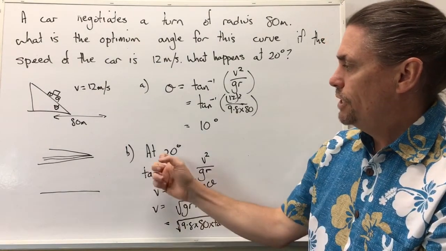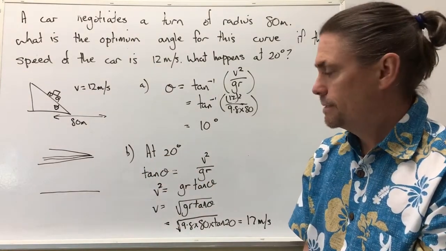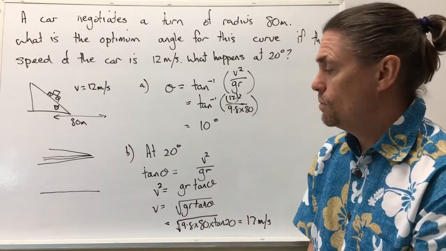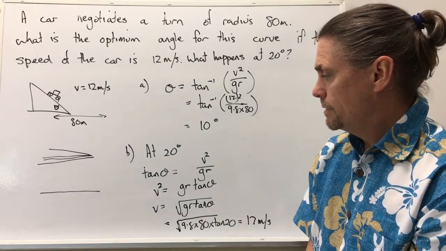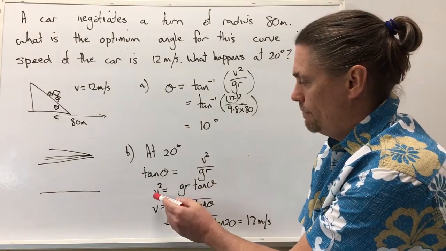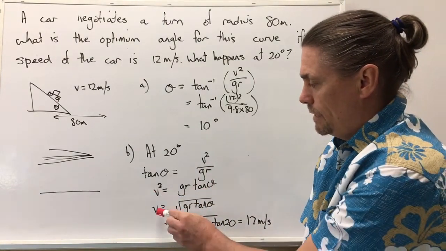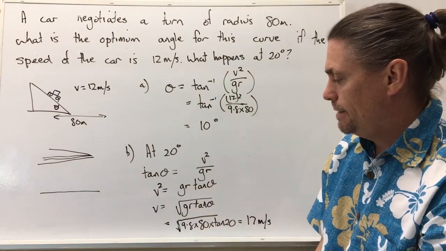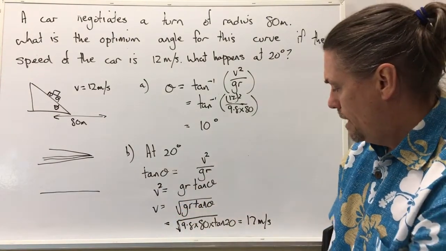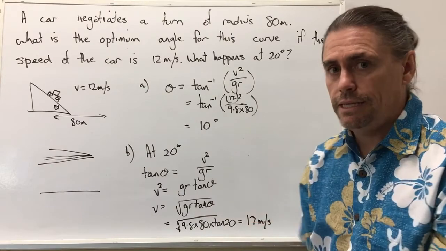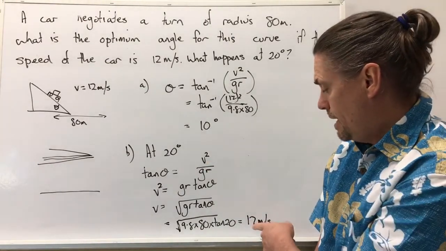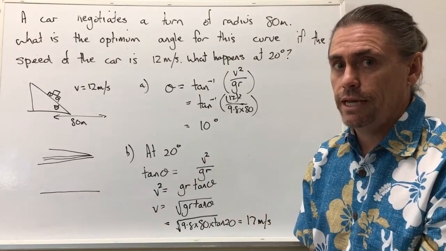Now, what happens if we change this angle to 20 degrees? We want to know what the optimum velocity is for that particular vehicle. So we're going to rearrange the equation now for v squared, and finally for v. So v is going to equal the square root of gr tan theta. We put our numbers in, and we find that the optimum speed for our vehicle on a bank of 20 degrees has now moved up to 17 metres per second.